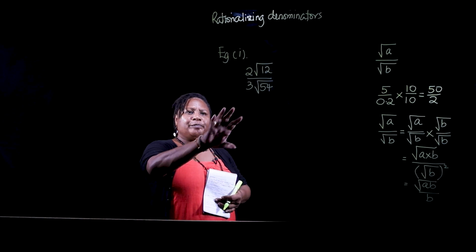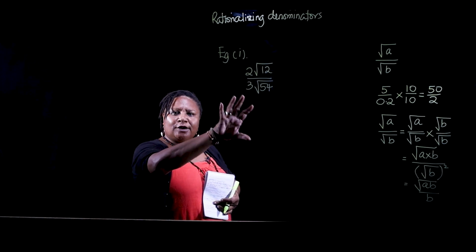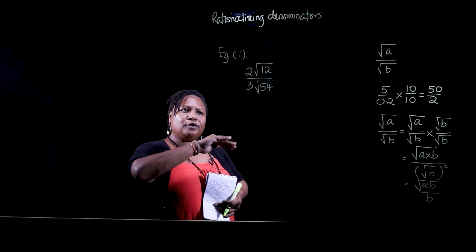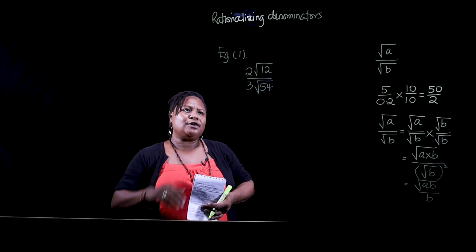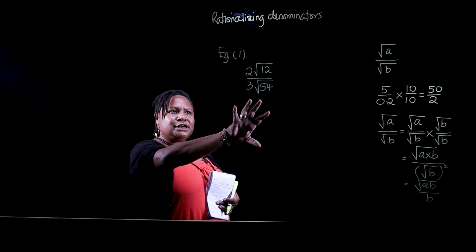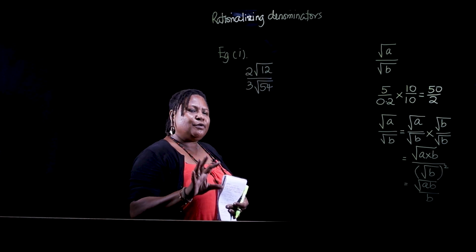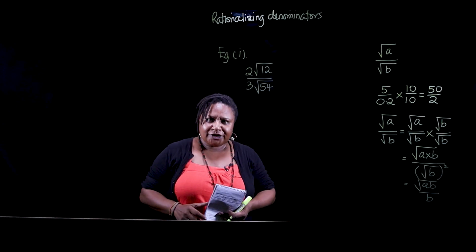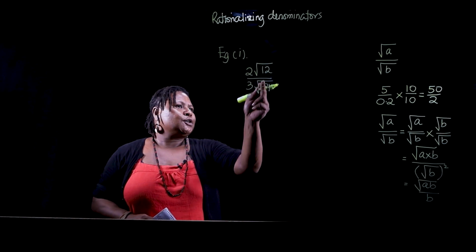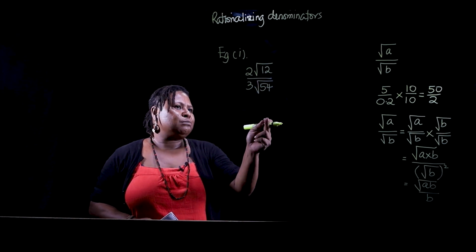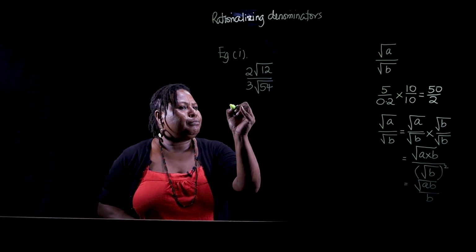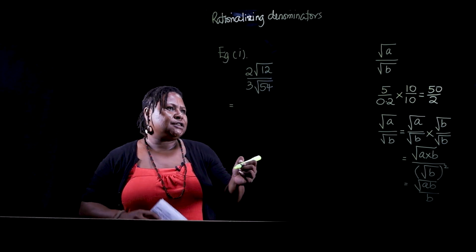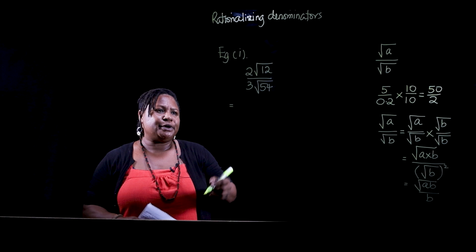The idea of simplifying before going into the rest of the working out still continues here. We need to do that before we go into rationalizing. So 12 and 54 can be simplified.